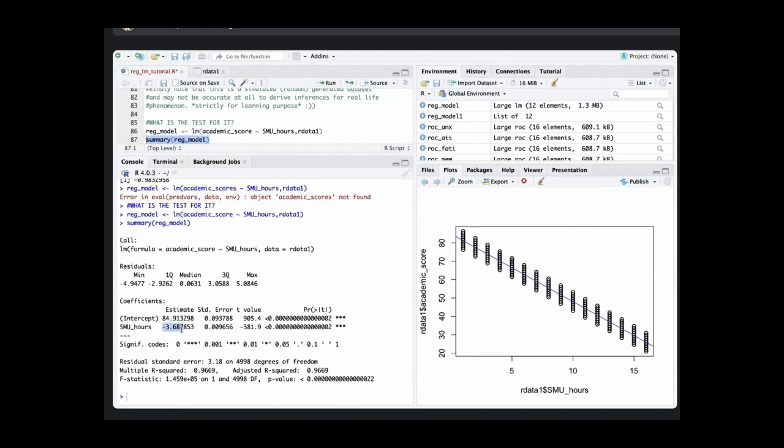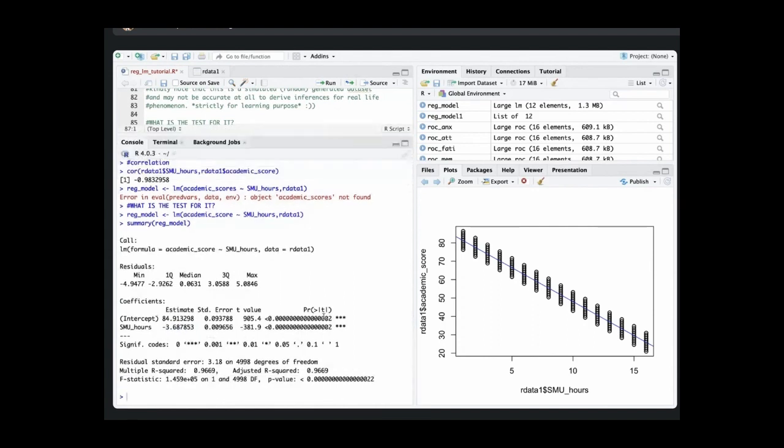So let's say if there is a 1 hour increase in the social media usage for a person, their academic scores are predicted to decrease by 3.68. So this is what we mean here.